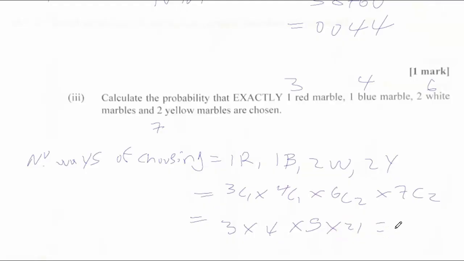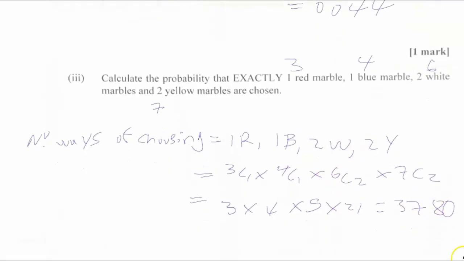That gives us 3,780. So the probability that we have this combination would be 3,780 over the grand total, which was 38,760. That was the first thing we calculated, and we should end up with 0.098.